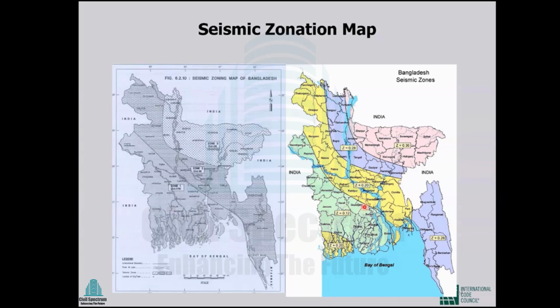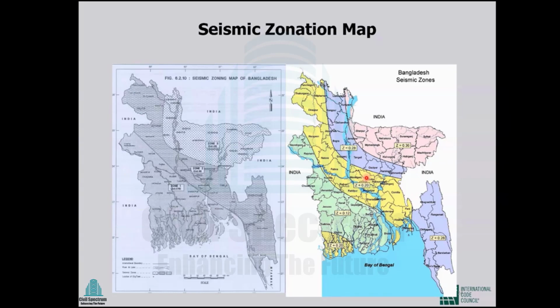Here, as usual with other building codes like ASCE 7, the maximum considered earthquake, MCE, has been considered for this zonation map. The definition of MCE, probably I have another slide, but still I want to mention here, is 2% probability of exceedance in 50 years.